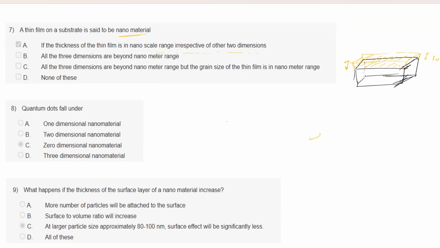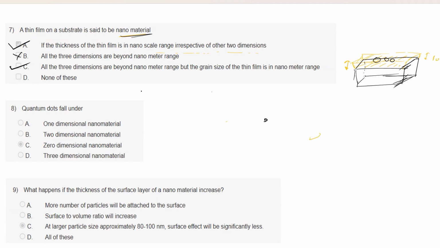All three dimensions are beyond the nanometer range. This is false. If all three dimensions are beyond the nanometer range but the grain size of the film is in the nanometer range, so this is also true: if this film is big enough but individual grains are on the nanometer scale, we still would call it a nanomaterial.